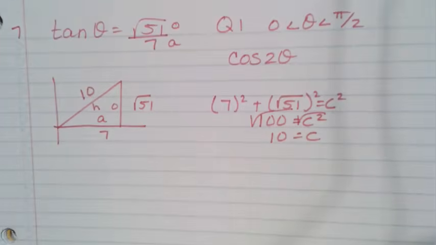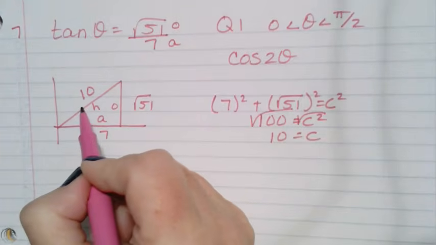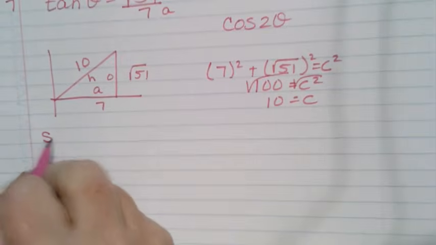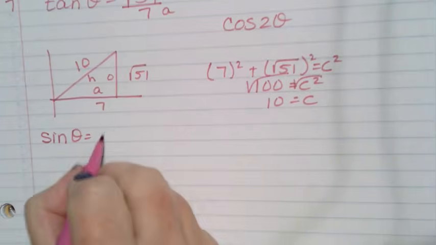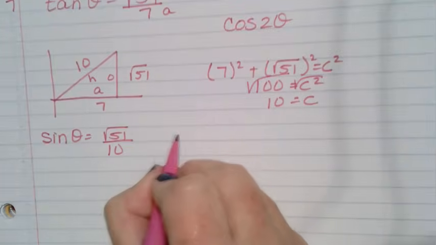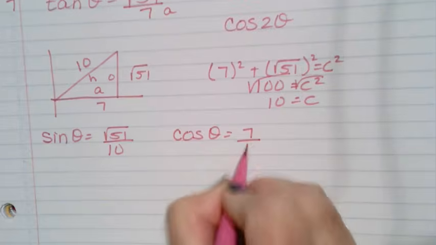Remember, hypotenuse is always positive. So I need to find sine, which is O over H, so square root of 51 over 10, and cosine, which is 7 over 10.